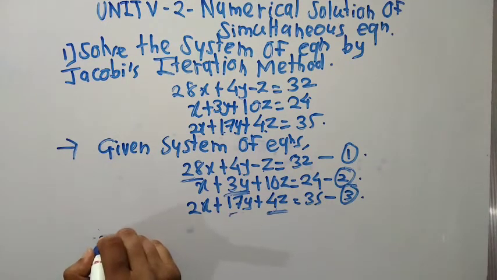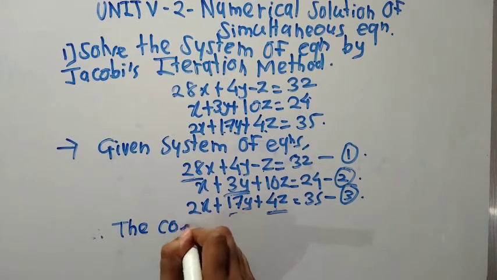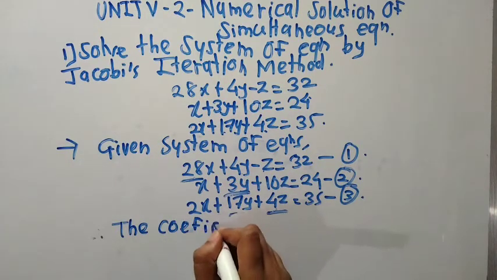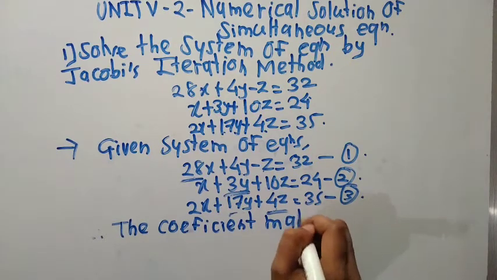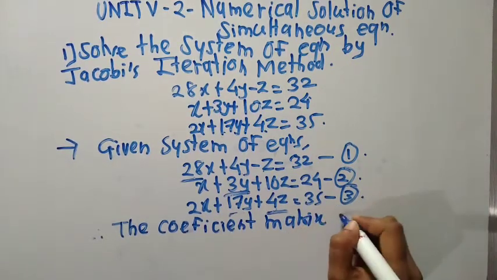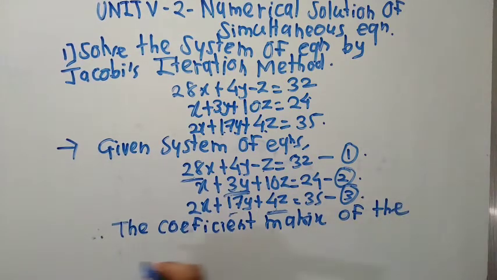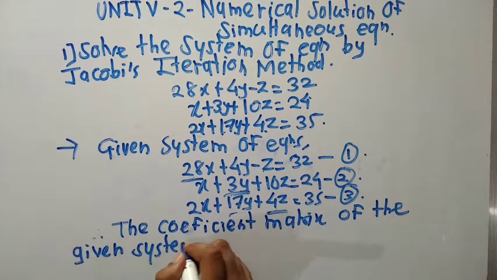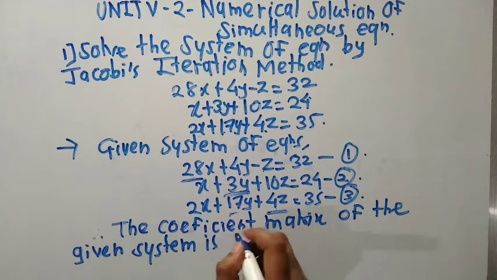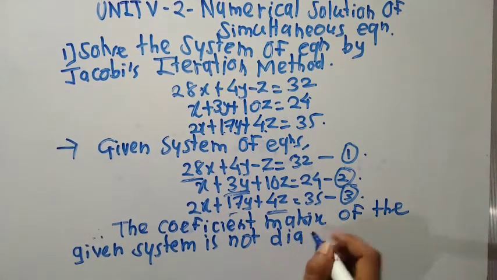So this coefficient matrix of the given system is not diagonally dominant.